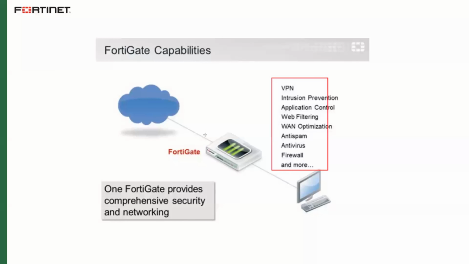Just buy a FortiGate firewall and you'll get everything in a single operating system, in a single box with all the features. That's why we call it a next generation firewall. FortiGate firewall is not a traditional firewall, it's a next generation firewall.